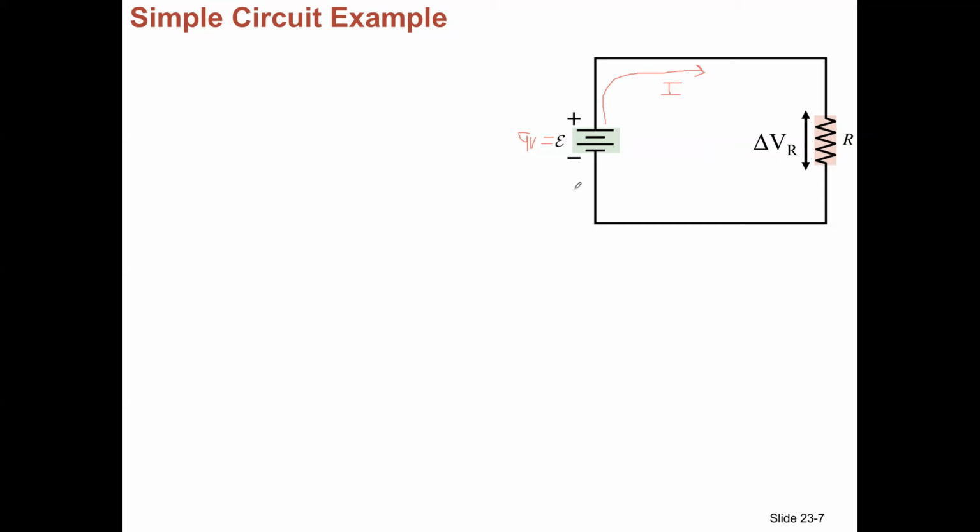I'm going to ask you a question to answer in the chat. If this battery is 9 volts, what is the voltage lost, or the energy lost, over the resistor? So what is delta VR? If we gain 9 volts from the battery, how much do we lose over this resistor?